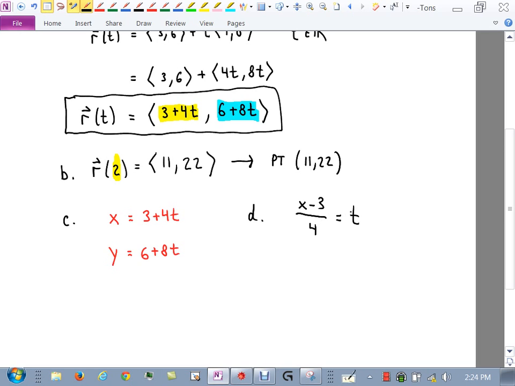If I solve the other one for t, I get y minus 6 over 8 equals t. And now you set them both equal to each other, so the main result here is that x minus 3 over 4 must equal y minus 6 over 8. Any questions on that?